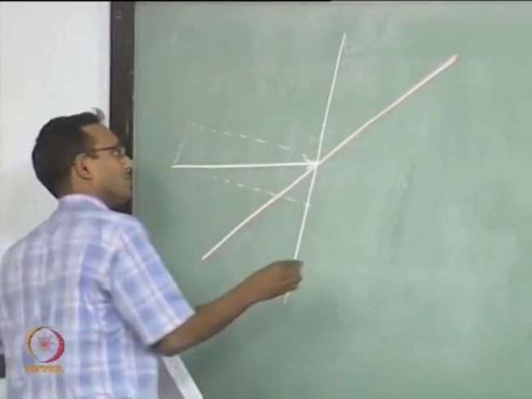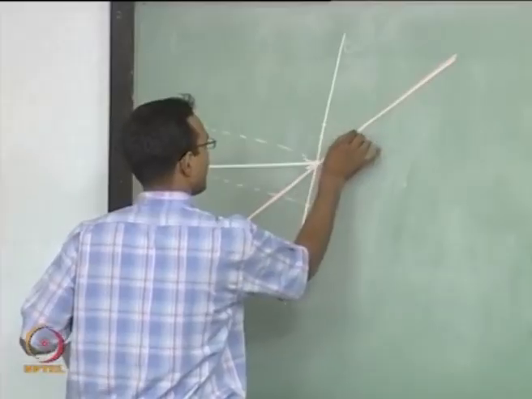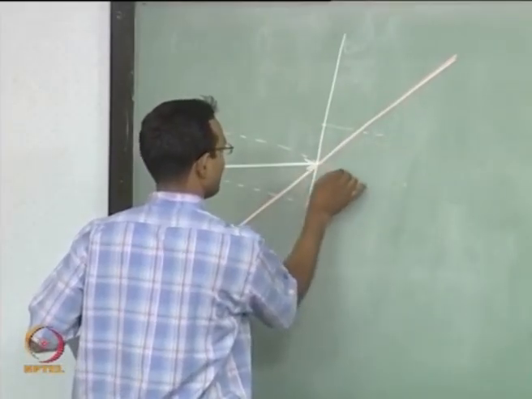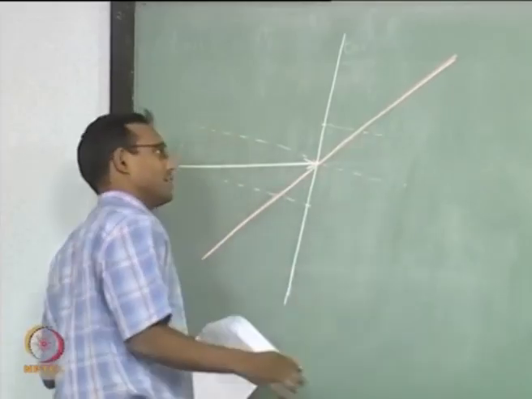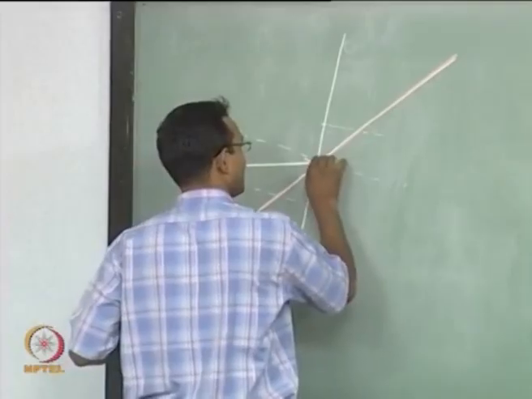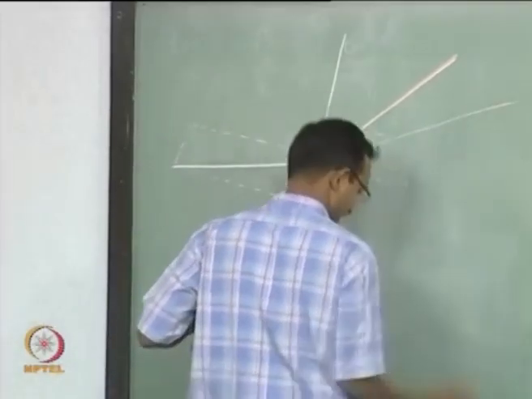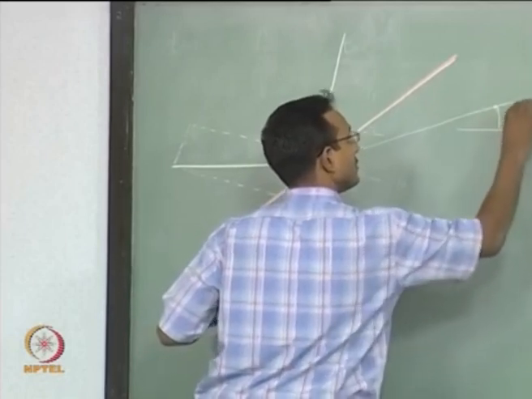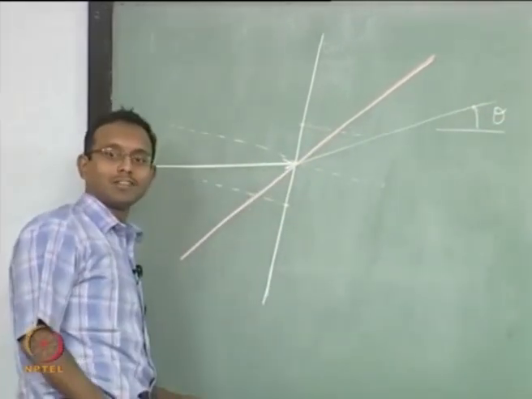And now I will draw the normal direction again. The final velocity vector angle is going to be along this line, this is my theta direction. I have drawn that line already.